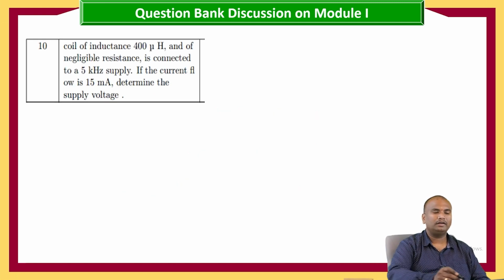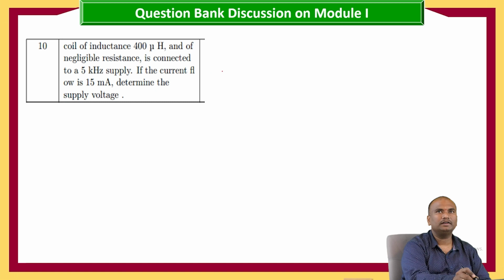Now, a coil of inductance 40 microhenry and negligible resistance is connected to a 5 kilohertz supply. If current flow is 15 milliamperes, determine the voltage.